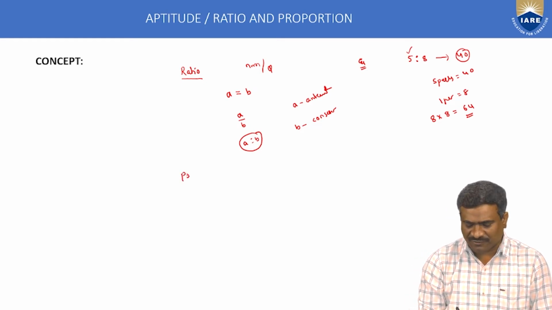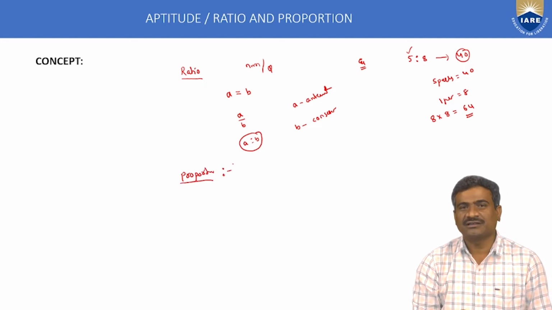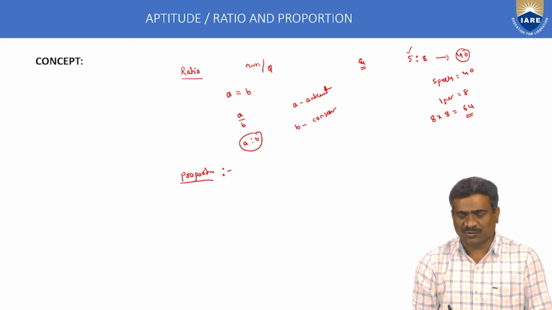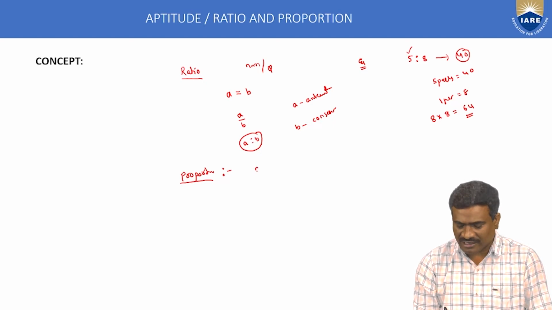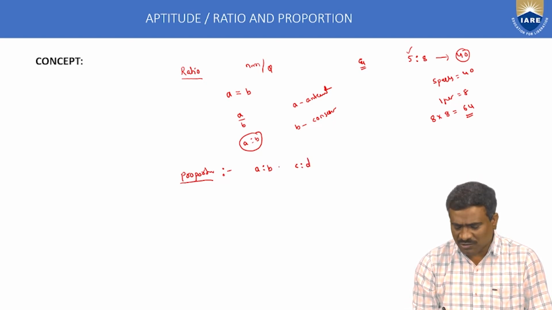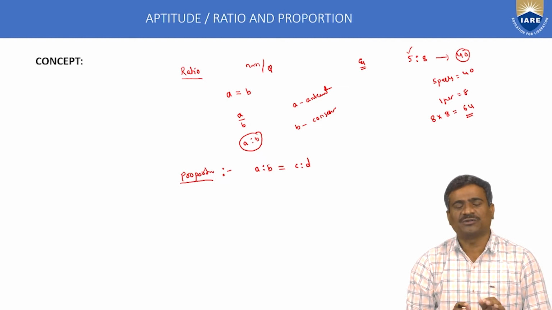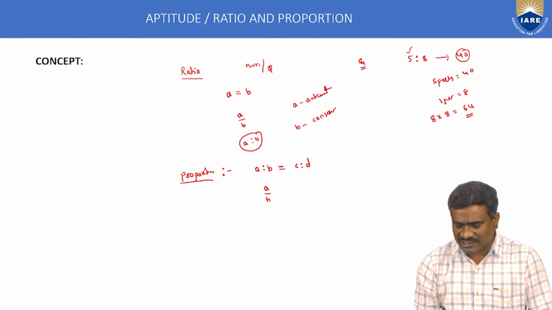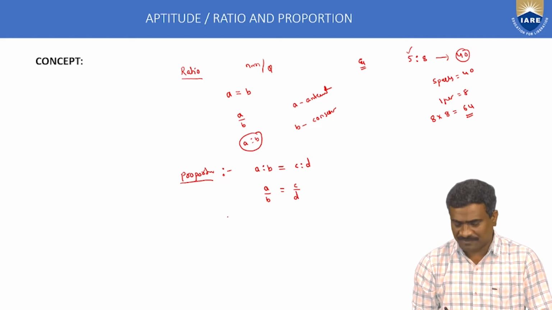Similarly, the next definition: proportion. Proportion is nothing but the equality of ratios. Consider A is to B and C is to D. Definition of proportion: equality of ratios is called proportion. That is, A is to B is equal to C is to D. Next, A by B is equal to C by D. Next, AD is equal to BC.